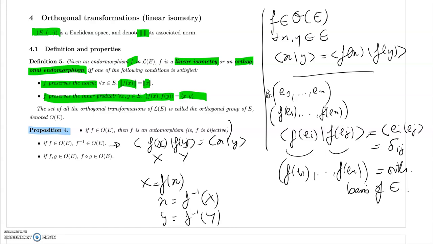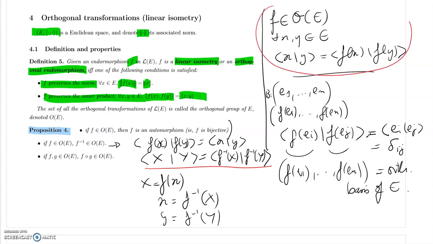So according to that, I can rewrite that equality as ⟨X, Y⟩ is equal to ⟨f⁻¹(X), f⁻¹(Y)⟩. Hence it also satisfies the property of elements in the orthogonal group.